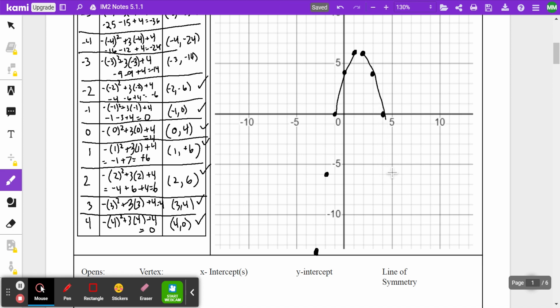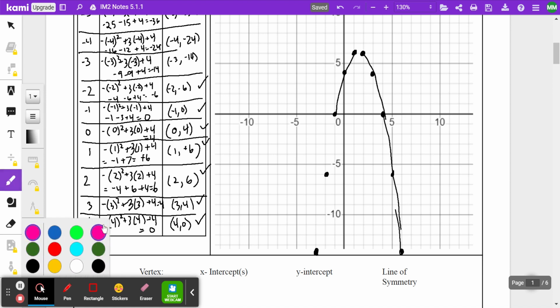So I'm going to go here, over one more and down that much. Here we go. And then here, I'll go over one more and down that much. So let me make that a different color. This part I did with symmetry.